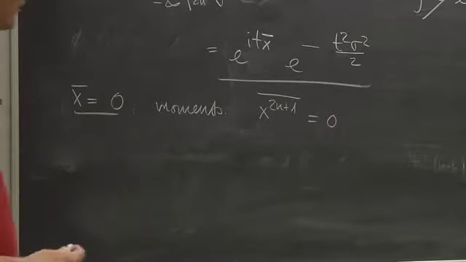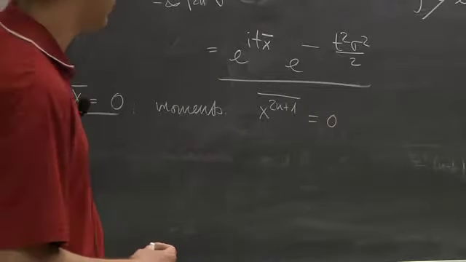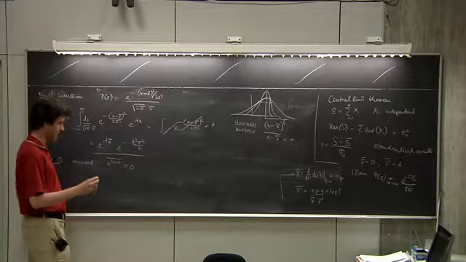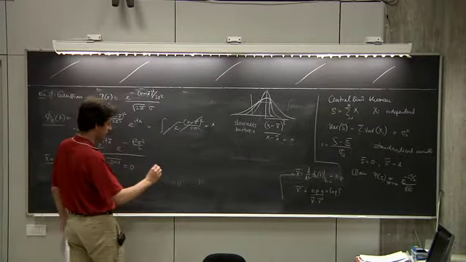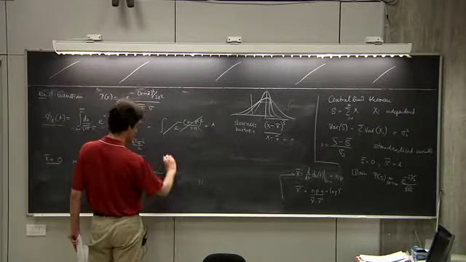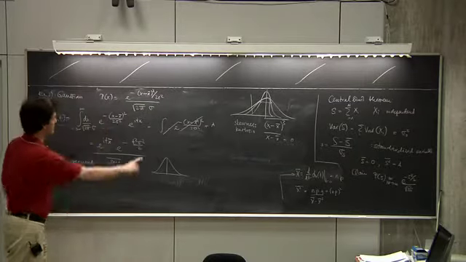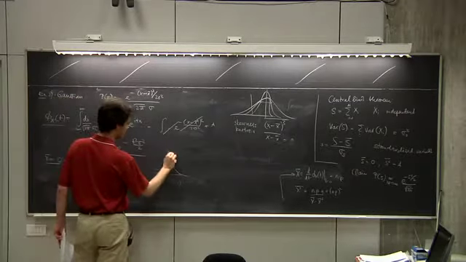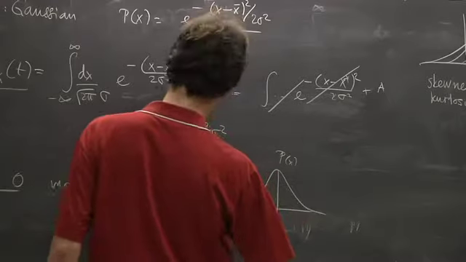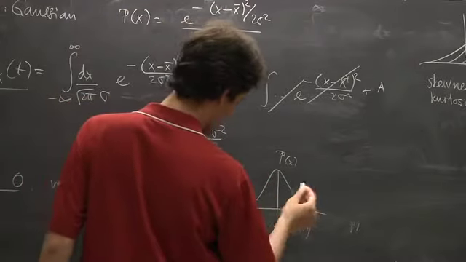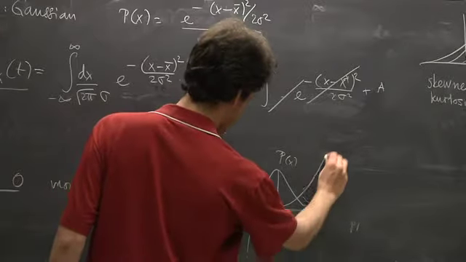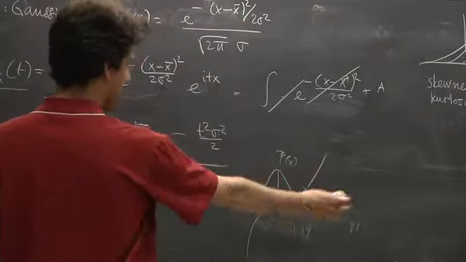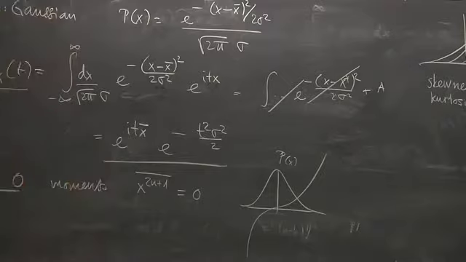We have a minus contribution from the left and plus from the right, and then we get 0. Yeah, very good. Is that clear to everybody? We have a distribution which is symmetric. This is the p of x, Gaussian. If I calculate an odd moment, say the third moment, then x to the third looks like this. If I integrate the product, then I get 0 by symmetry, no?